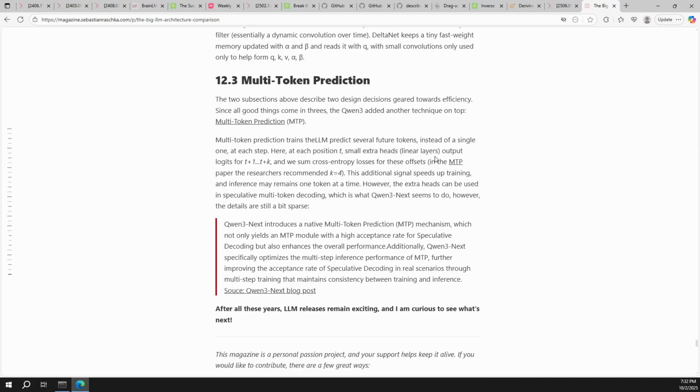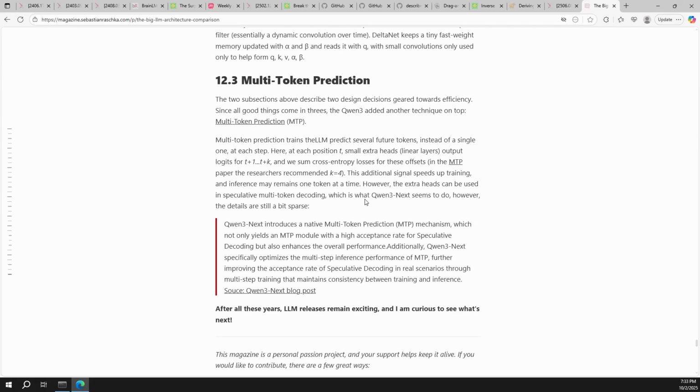Small extra heads output logits for the token after, up through however many K. So this looks like these are lightweight prediction heads, and we sum the cross-entropy losses for these. This additional signal speeds up training, and inference may remain one token at a time. However, the extra tokens can be used in speculative decoding.